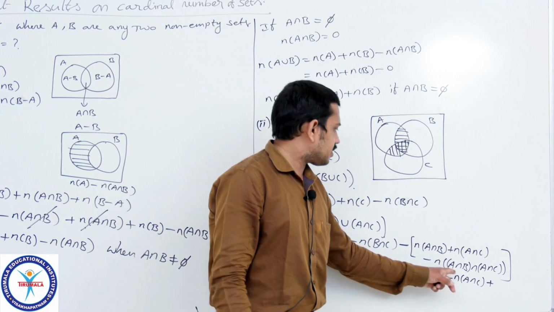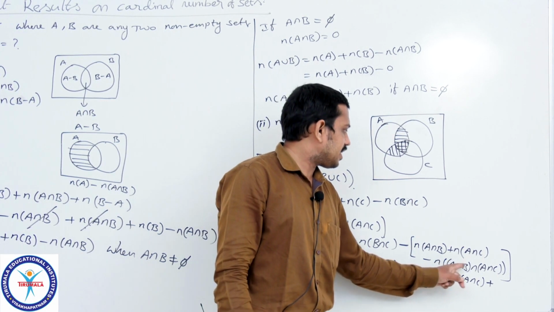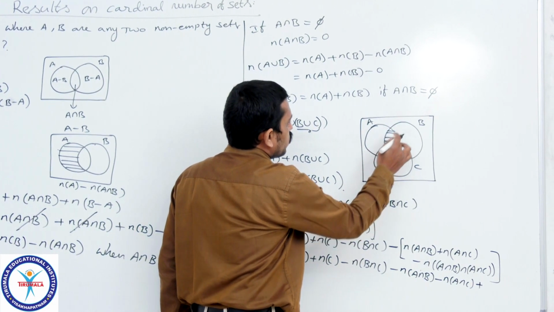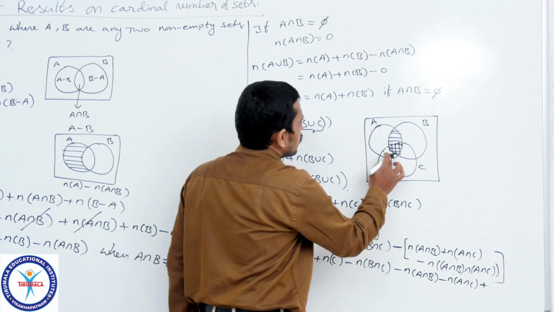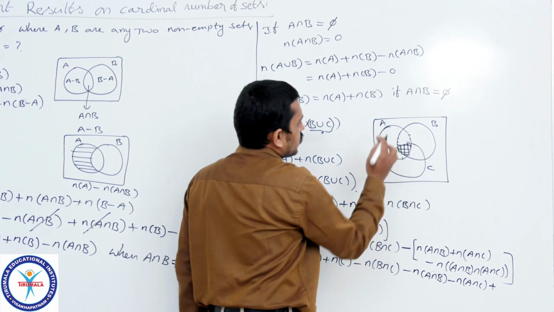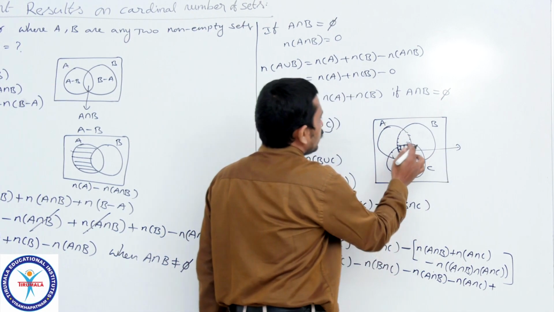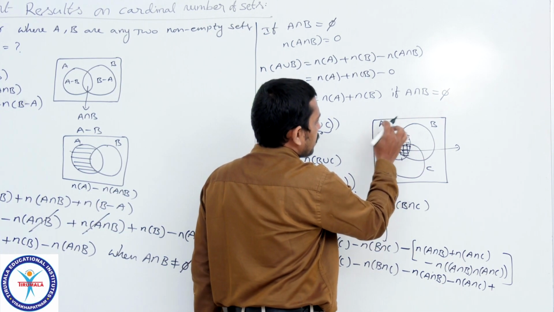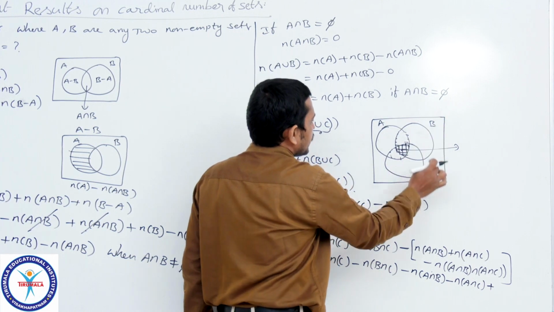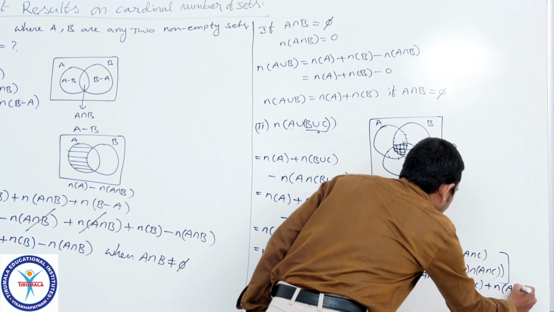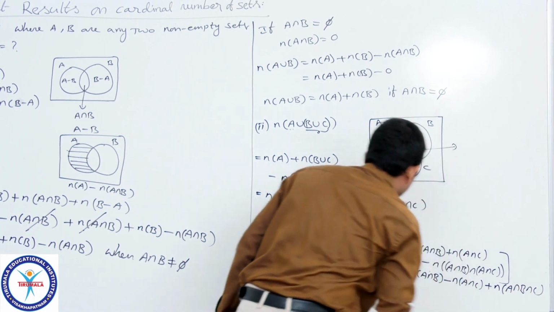Then here we require the common region for A intersection B and A intersection C. The common region for these two is nothing but this region, which is the common region for A, B, and C. So this is equal to n of A intersection B intersection C.